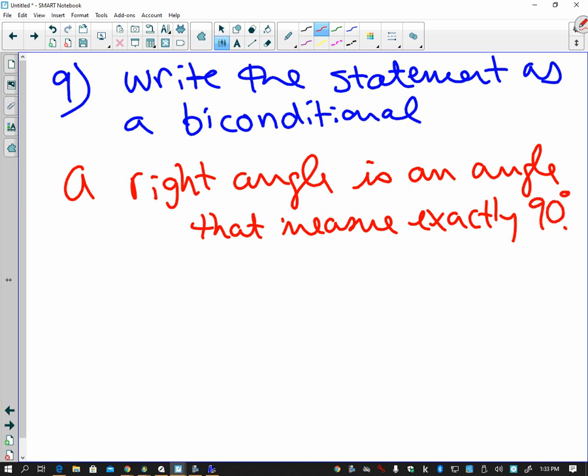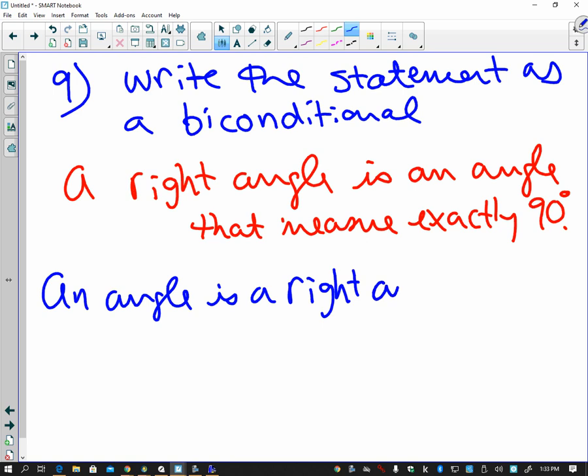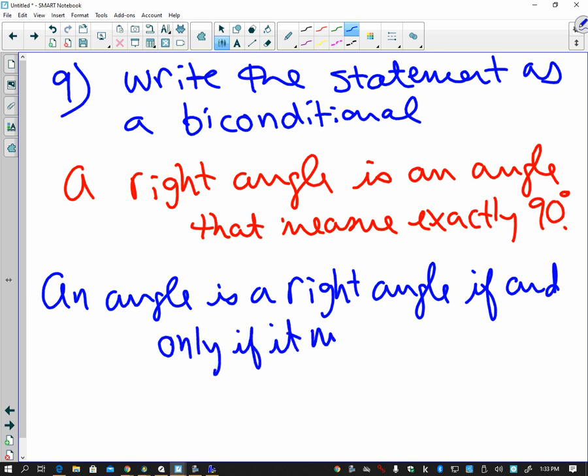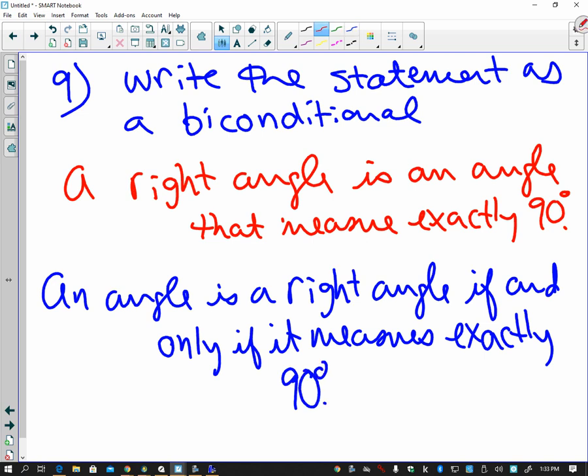We want to write this as a biconditional. So we would say an angle is a right angle if and only if it measures exactly 90 degrees.